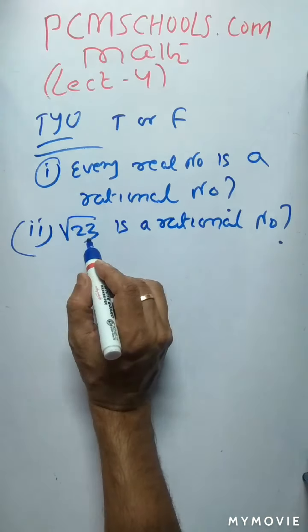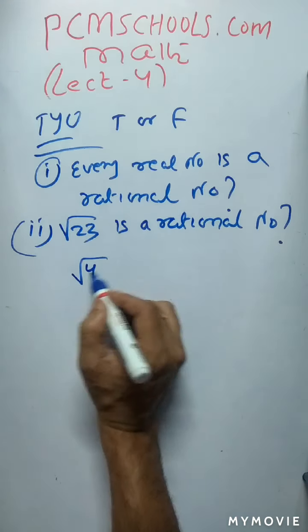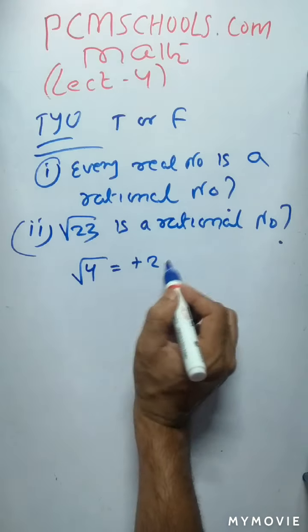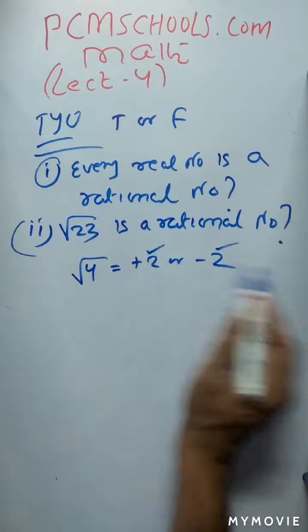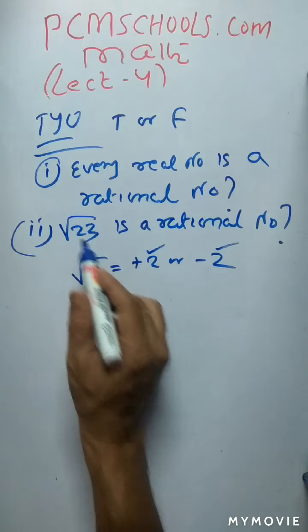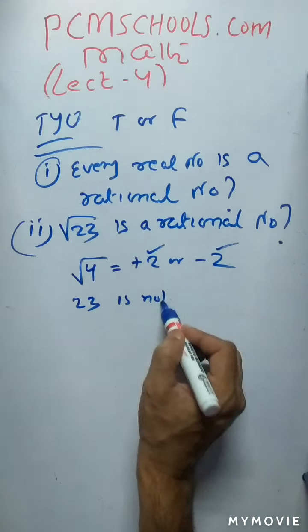This 23 is not a square of a perfect value. Suppose you take 4. If you calculate the square root of 4, it is either plus 2 or minus 2, so both are rational numbers.